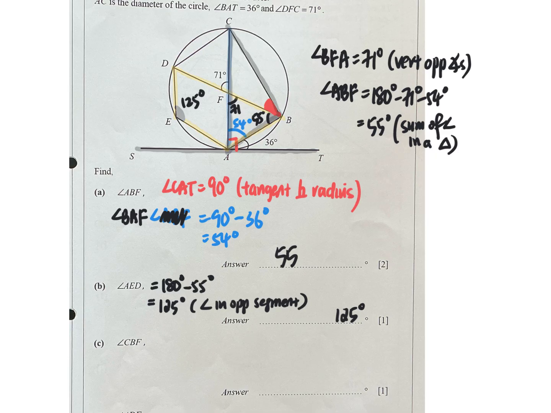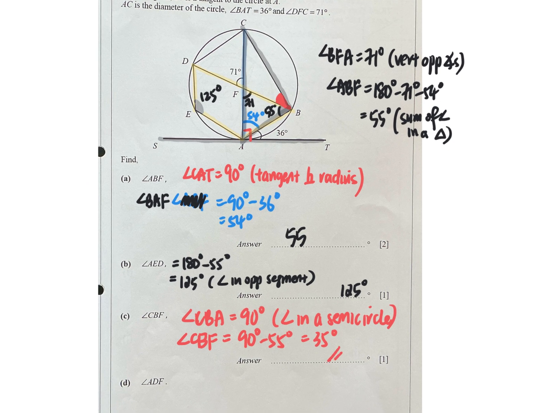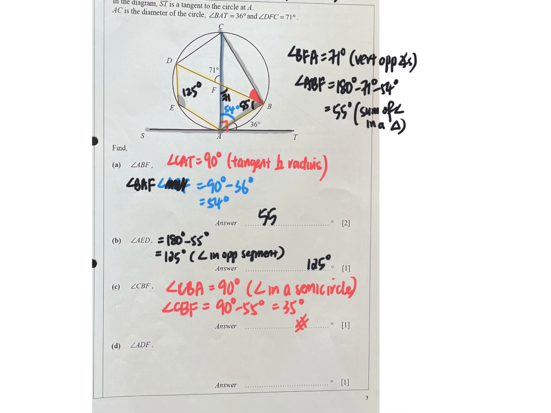So actually, CBA is 90 degree because of angle in a semicircle. So when they give you diameter, you know there must be angle in semicircle somewhere. So CBF is just 90, take away the 55, which is 35. So this is the answer, 35.